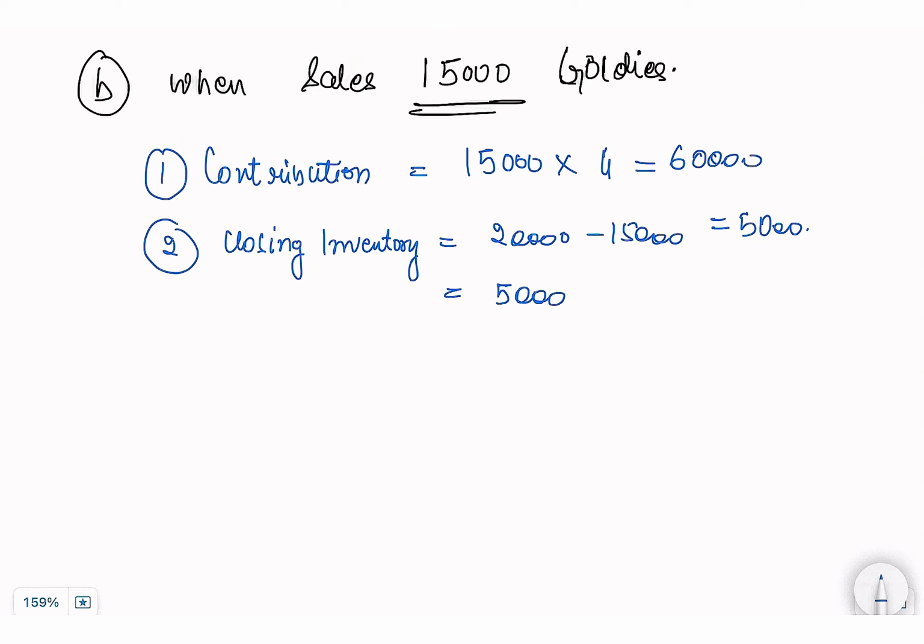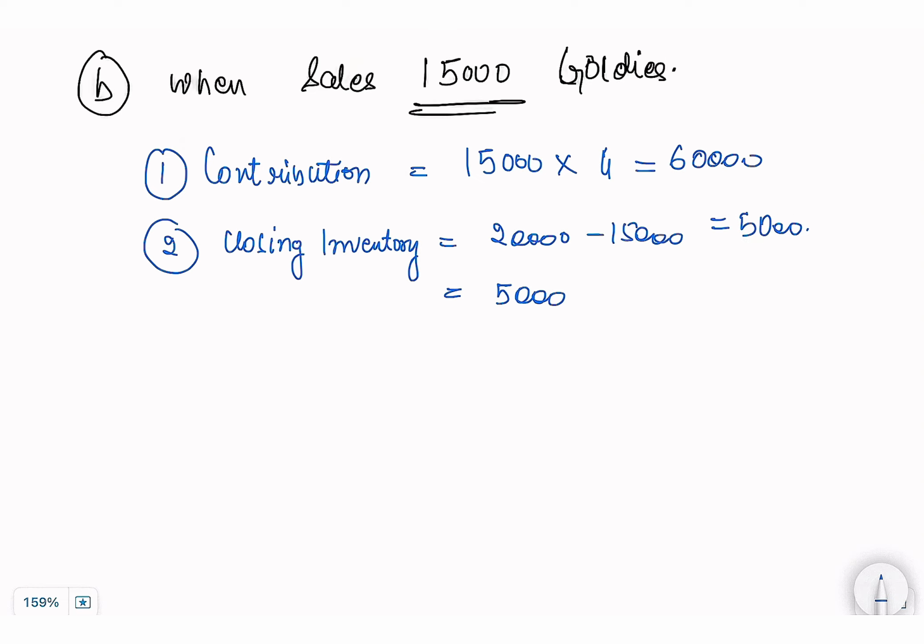Okay. Now let's see the third point, which is when sales is equal to 20,000 goldies. Okay. Now for 20,000 goldies, let's see first. Again, we have to solve like this only. Contribution.